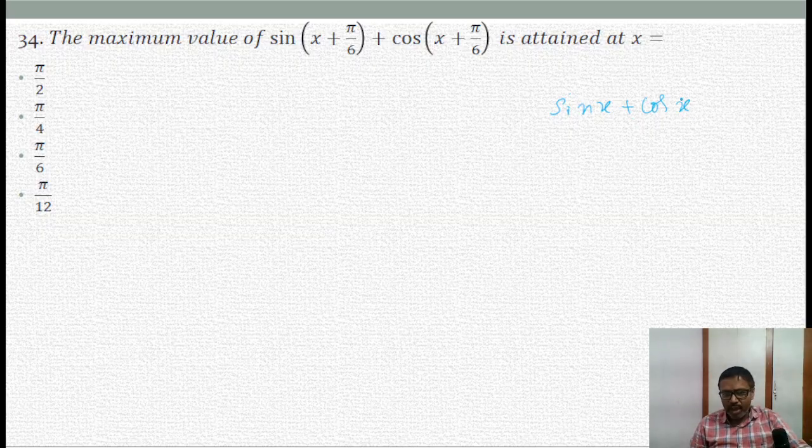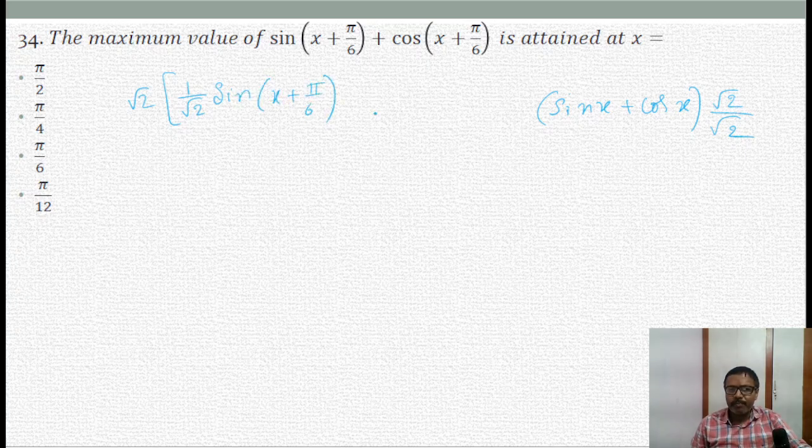So whenever we have this kind of terms, we will multiply and divide it by root 2, so that this function can be written as root 2 times 1 by root 2 sine of x plus pi by 6 plus 1 by root 2 cos of x plus pi by 6.